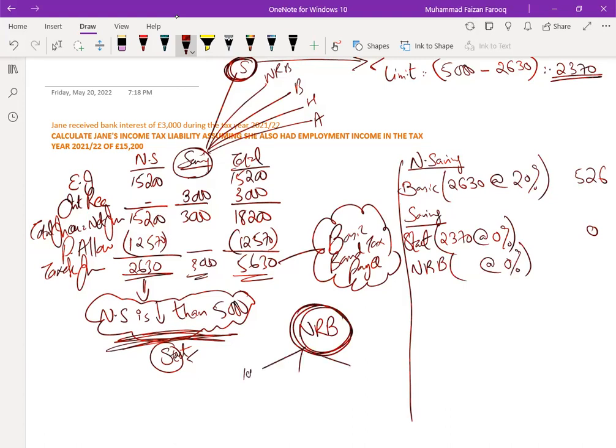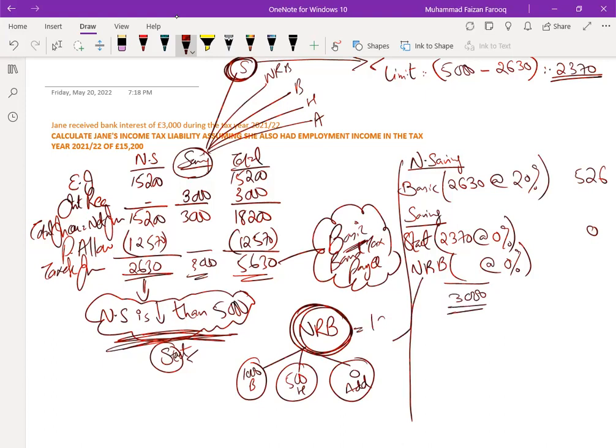It can be 1,000, 500, or 0, depending on whether the person is a basic, higher, or additional band taxpayer. This person is a basic band taxpayer. So the limit is 1,000, right or wrong? Right.